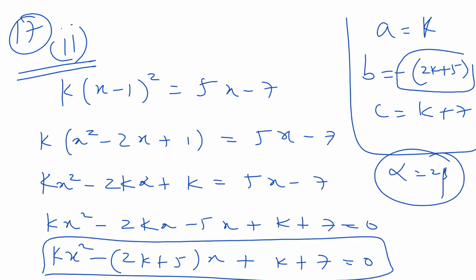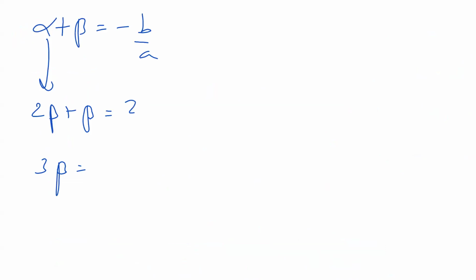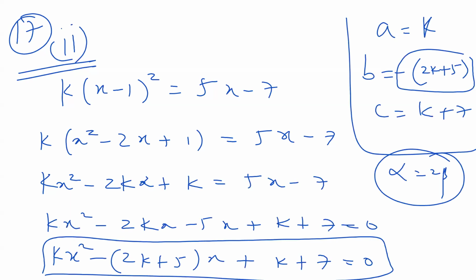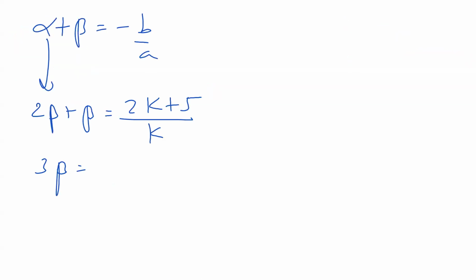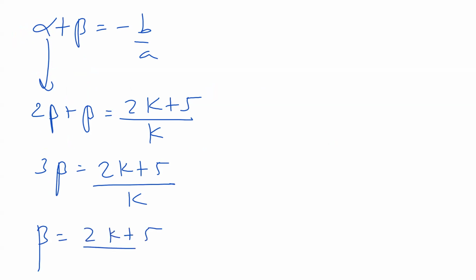B is minus of (2k plus 5), so minus b will be the positive (2k plus 5), upon a. A is k. So (2k plus 5) upon k. So beta is equal to (2k plus 5) upon 3k.